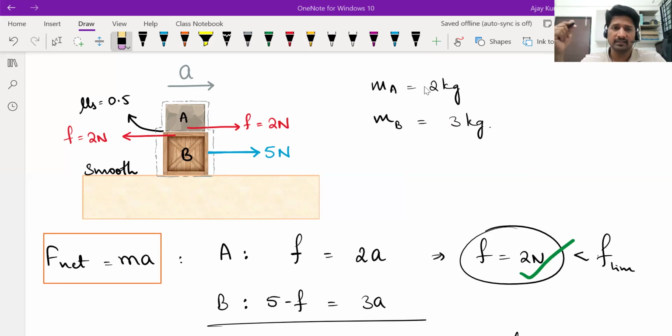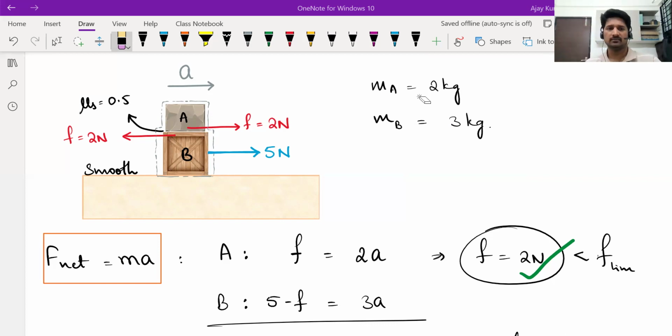Then the friction needed will increase, the demand on friction will increase, and friction can increase itself up to 10. Okay, so you can afford to increase the 5 Newton force more if you want to higher values till the friction becomes 10 Newtons. The blocks will slide together only. When the pulling force becomes too much, means when the demand on friction becomes more than 10, that is when friction gives up. Then sliding will start.